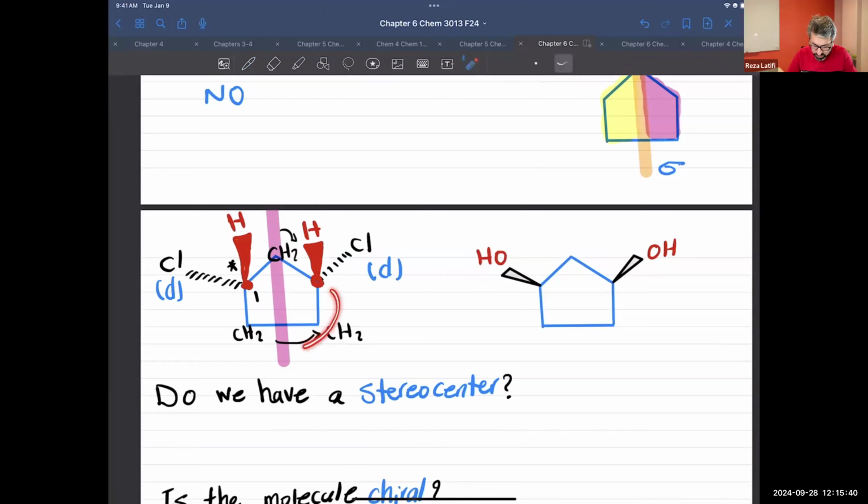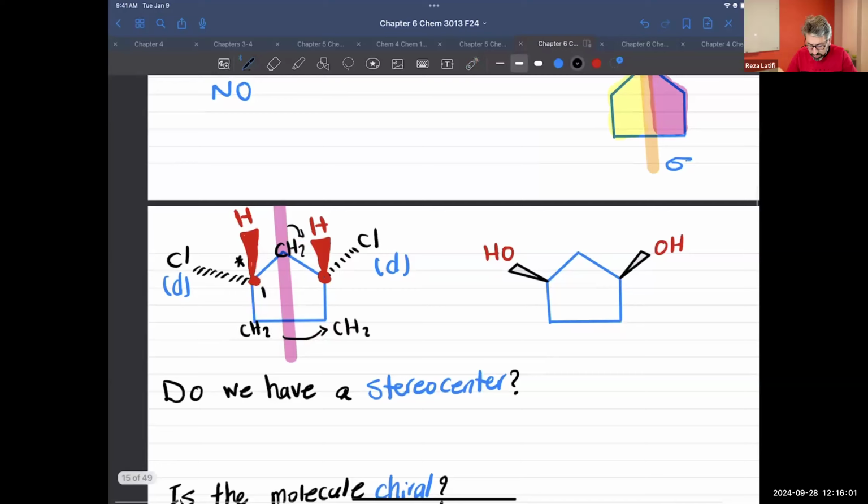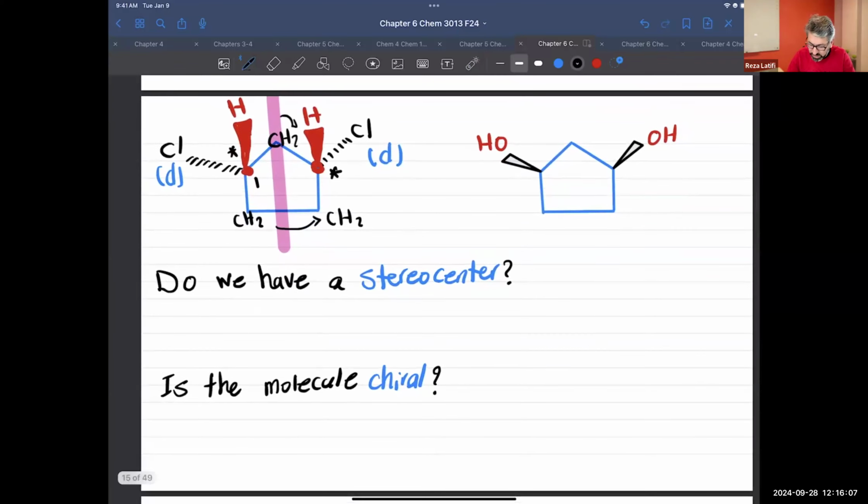After the first carbon, if you move in this direction, they are identical. In the second carbon, if you move counterclockwise, you see chlorine, and if you move clockwise, you see only CH2. Because they are different, that carbon also will be a stereocenter. So we do have stereocenters, and the answer for this one is going to be yes.